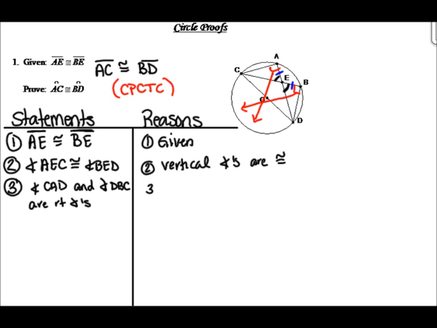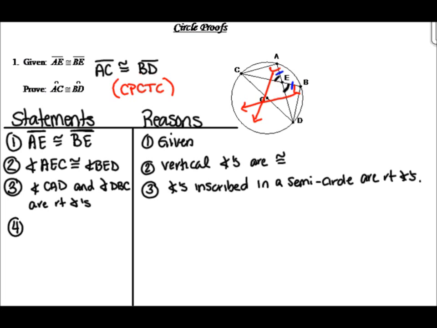And the reason, angles inscribed in a semicircle are right angles. Well, now if we know they're right angles, we know they're congruent. Angle CAD is congruent to angle DBC because all right angles are congruent.